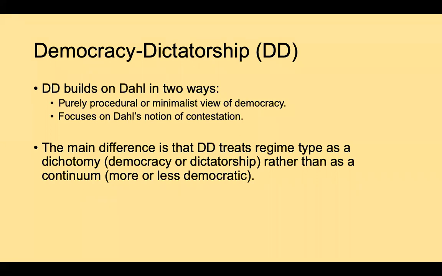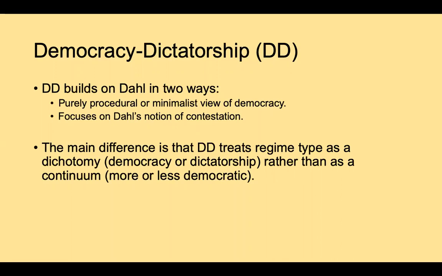Substantive definitions focus on the products generated by those regimes, the substantive outcomes, levels of income inequality, levels of participation among different groups in society, these kinds of questions. But the measure also builds on Dahl by focusing on the notion of contestation. And we talked at length about how irreversibility, uncertainty, and repeatability are essential to contestation.